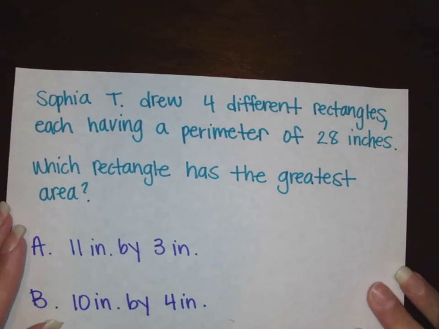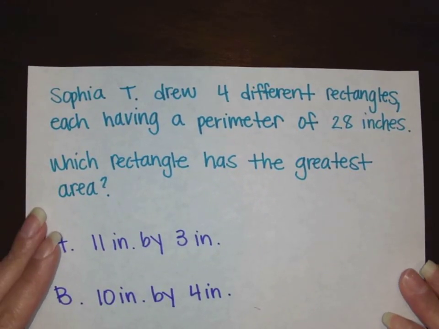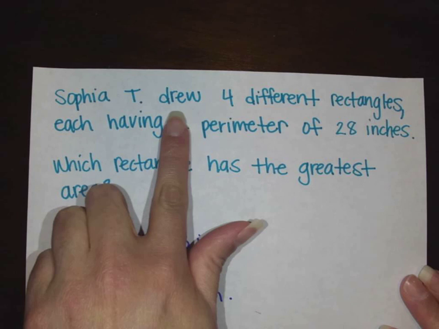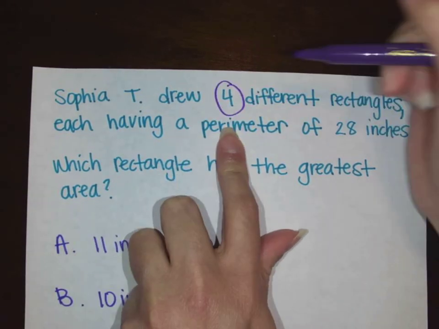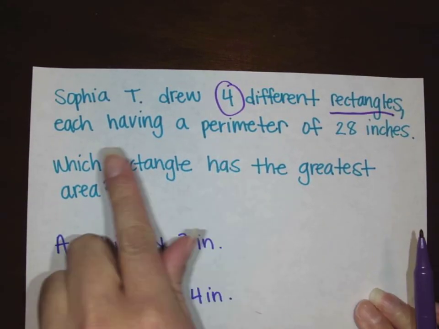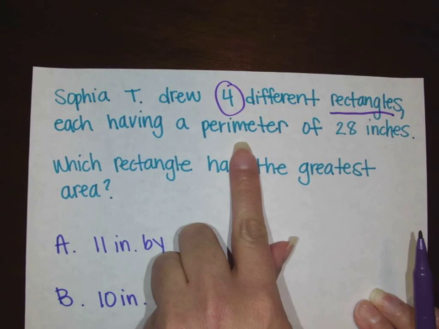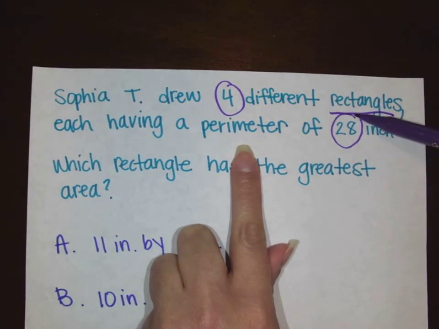All right, let's look at another example. I know you'll have this example in Seesaw. Sophia Taylor drew 4 different rectangles, each having a perimeter of 28 inches.